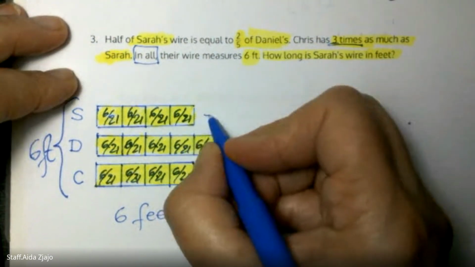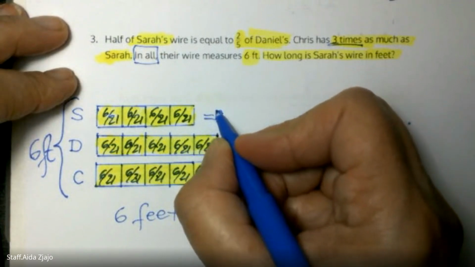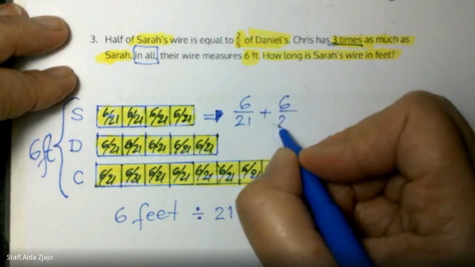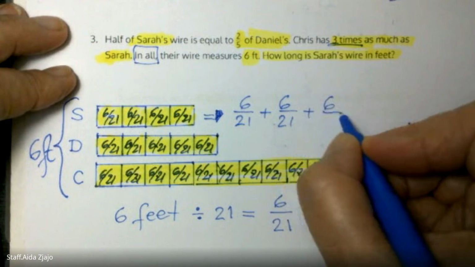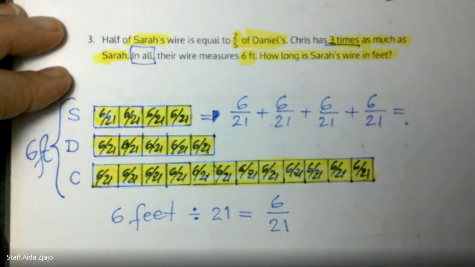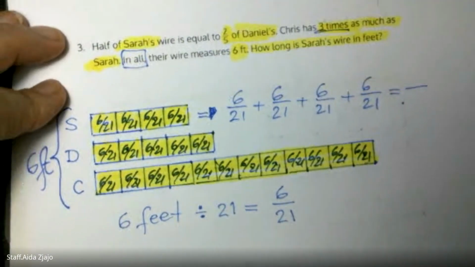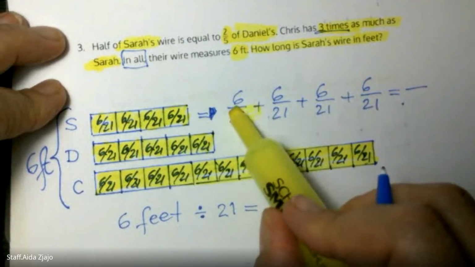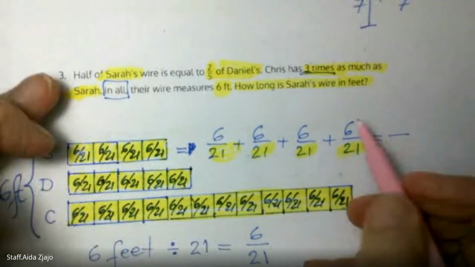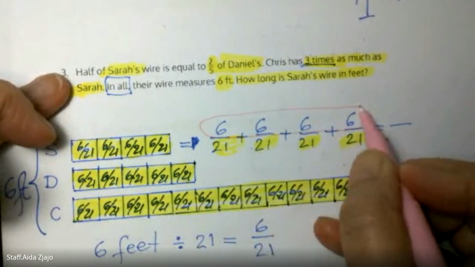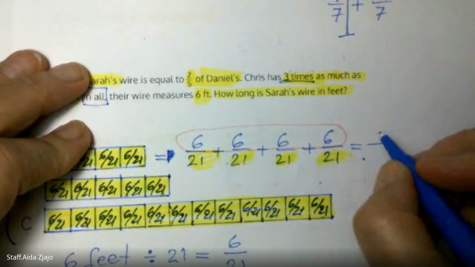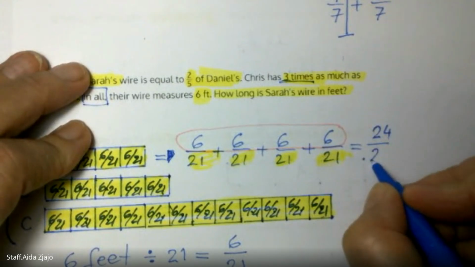So what that shows us, we need to add 6 21sts plus 6 21sts plus 6 21sts plus 6 21sts. The pieces are the same size, 21sts, so all we need is to add the top. 4 times 6 is 24 21sts.